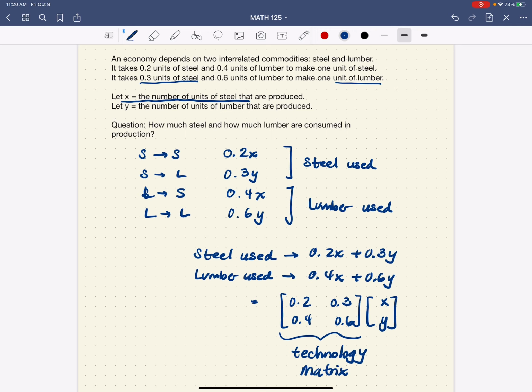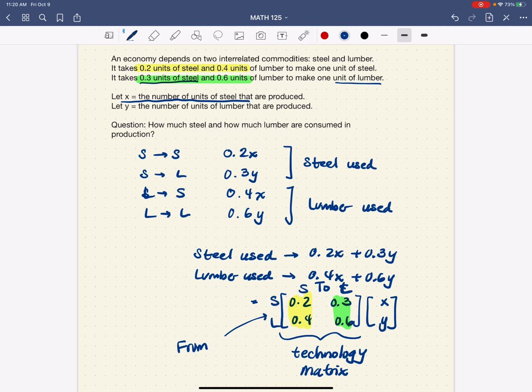Okay, so notice how this is set up. The 0.2 and 0.4 up here turn out to be my first column. And my 0.3 and 0.6 here end up being my second column. Now, how can we rationalize this? Well, if I look at this as a from, and I look at this as a to, it makes sense, right?